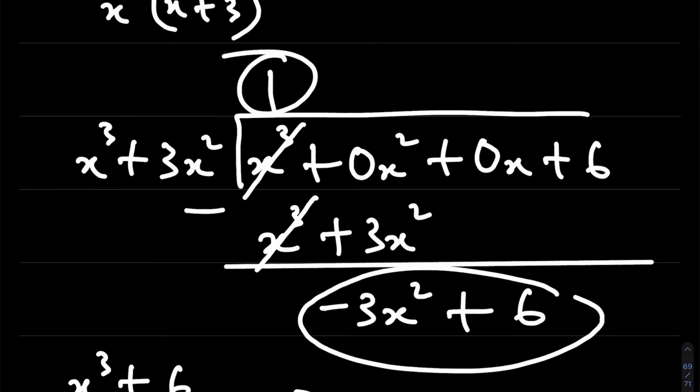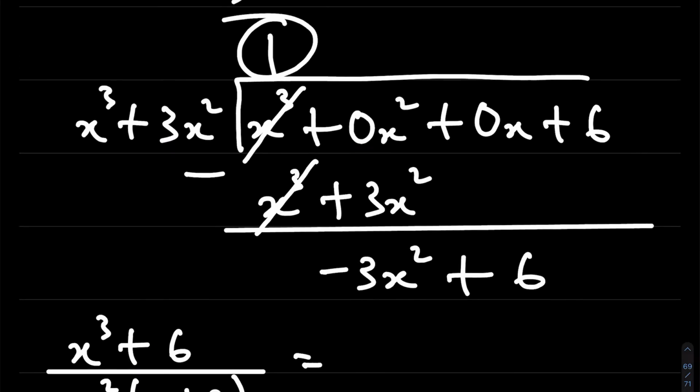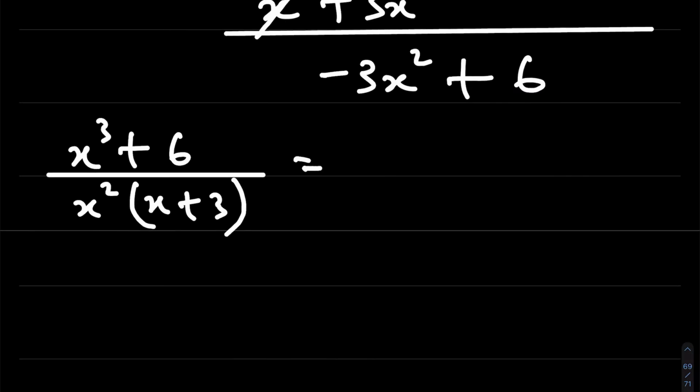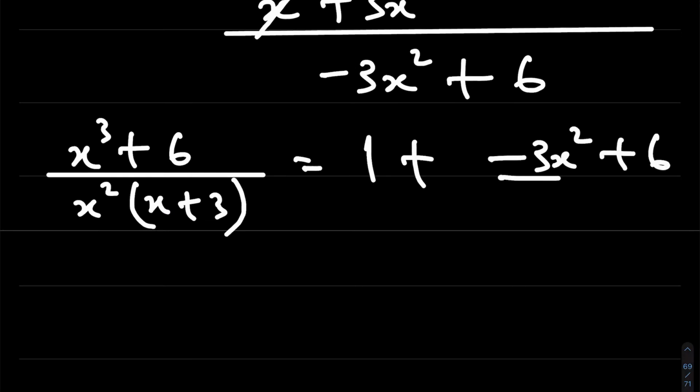That's what I'm going to do. So that means 1 plus the remainder, which is minus 3x squared plus 6, all over the divisor, which is x cubed plus 3x squared.